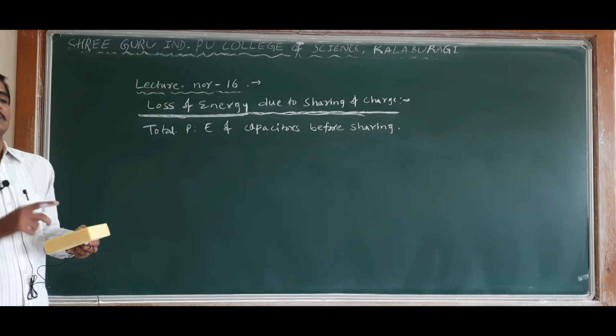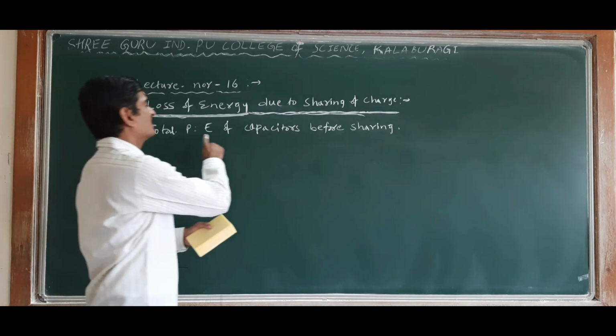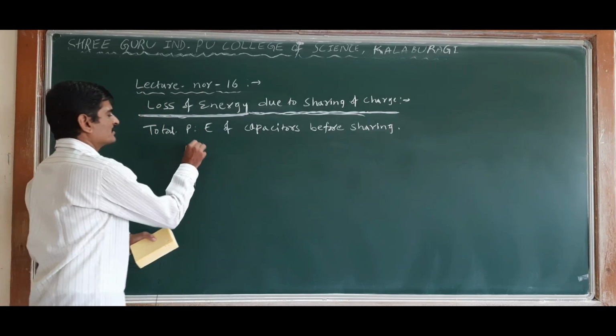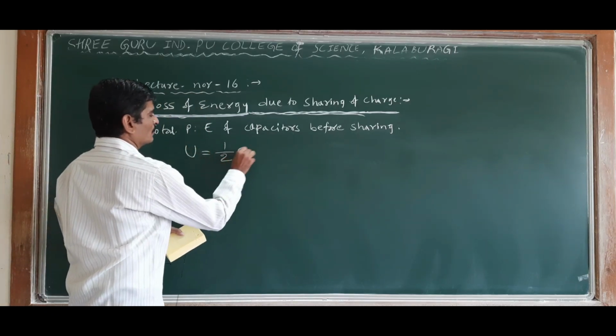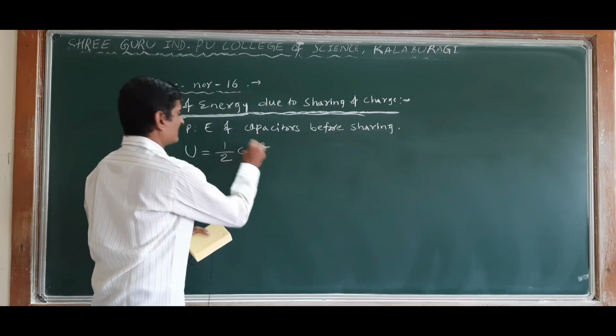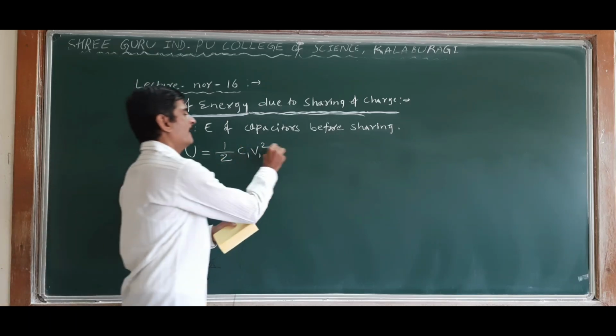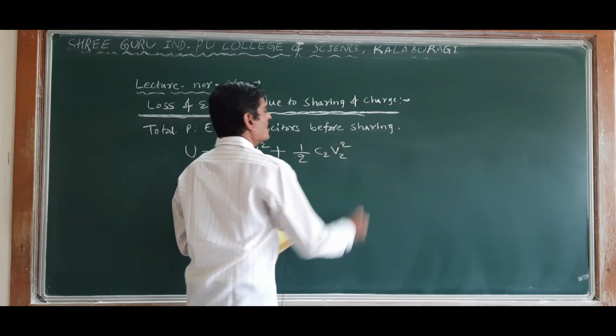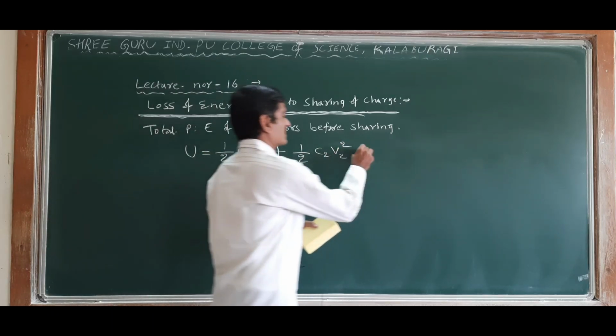So before sharing of charge, total potential energy of capacitors before sharing is U equal to 1 by 2 C1 V1 square, that is the potential energy of the first capacitor, plus the potential energy of the second capacitor, 1 by 2 C2 V2 square. This is before sharing the charge.